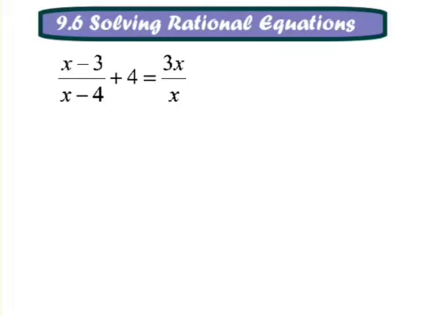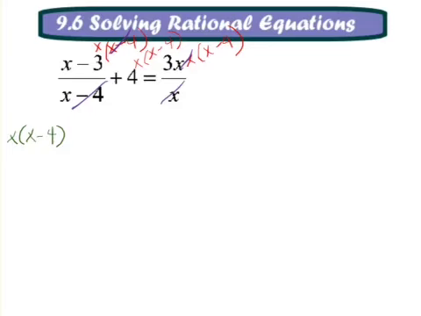Here's one last example that we can do. First of all, my common denominator is going to be x times (x - 4). And so again, I'll just multiply through everything by this quantity. So I'll multiply here by x(x - 4), here by x(x - 4), and here by x(x - 4). And now I'll go through and cancel what will cancel.